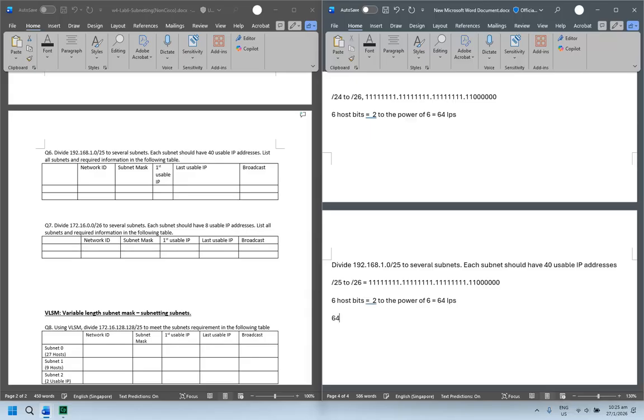So 64 minus 2, because I cannot use the network and the broadcast address. So I'll be left with 62 usable IP. So apparently /26 is able to accommodate the usable IP addresses.